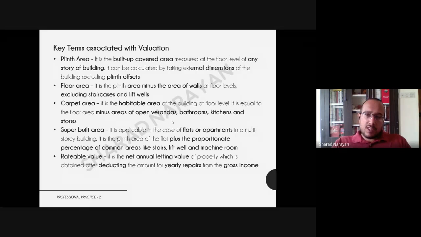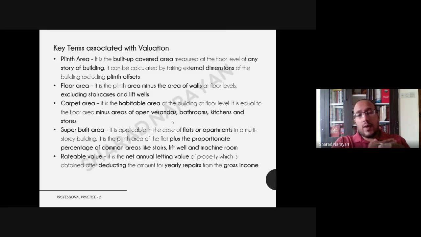Keep in mind that the gross income is for the previous year. Let us say that you're calculating the net letting value for an upcoming year, for 21 to 22. Your rateable value will be based on your gross income from the previous cycle, 20 to 21. Understood?